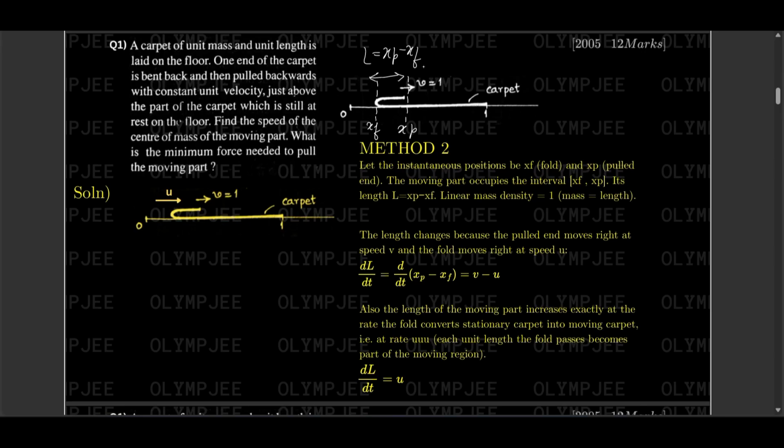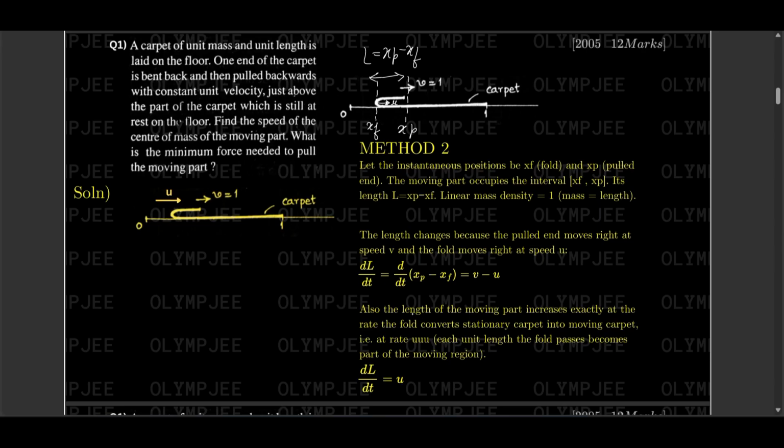Now we know that this length L is changing, which is represented by dL by dt. It is changing because this end is moving with v, and we are assuming that this end is moving with u. So dL by dt would be given by v minus u, because this end is moving with v and this end is moving with u.